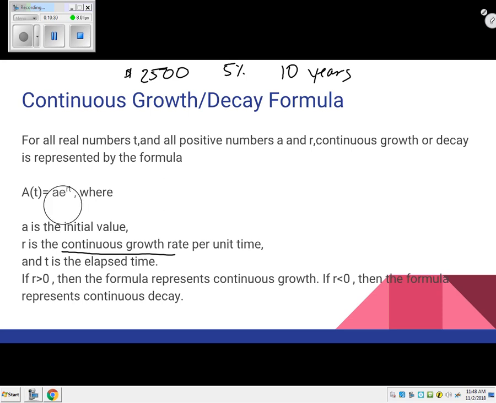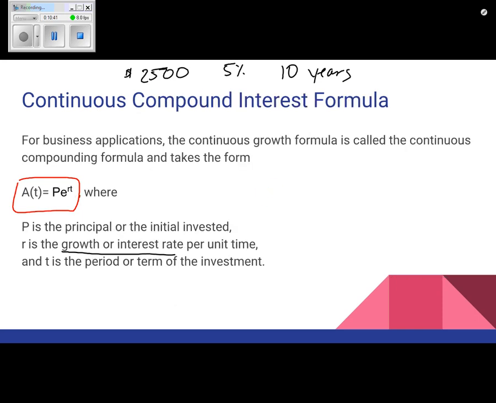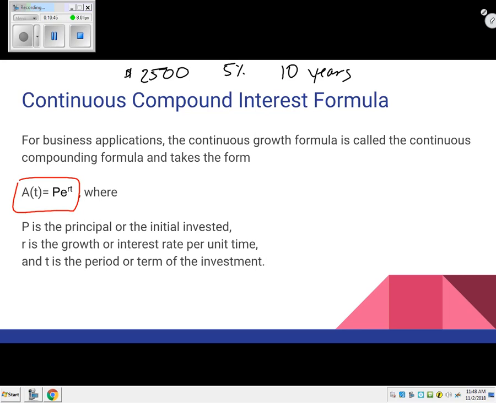We're going to come back to that in a later video, but just for today, I want to show you how that e works whenever we're compounding interest continuously. If I'm compounding interest continuously, my whole interest formula changes to this: principal times e raised to the rt, where P is still principal, r is still the rate, t is still the time. And I'm going to be using that e button on my calculator.